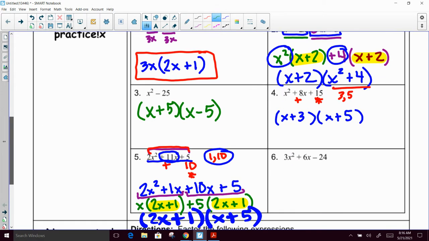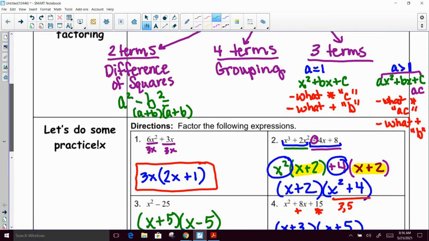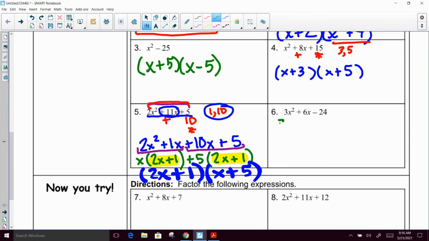They're all divisible by 3. What do I take times 3 to get 3x squared? X squared. What do I take times 3 to get plus 6x? Plus 2x. And what do I take times 3 to get a minus 24? Minus 8.